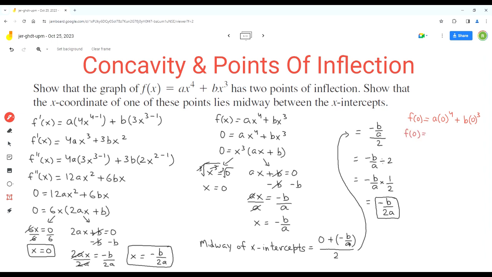So 0 exponent 4 is 0 and a times 0 is 0, and same with the b term, so both terms become equal to 0. So the value of the function at x equals 0 is 0. So the first inflection point is 0, comma 0.